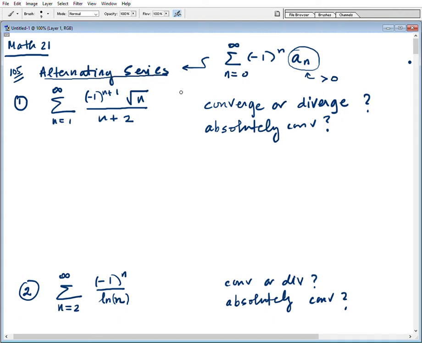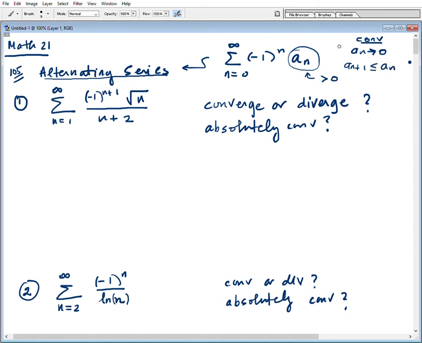So the main one is, if you want to prove that an alternating series like this one converges, you need two things. The first one: to prove convergence, first of all, the limit of the terms a_n is 0. That's the first thing. And the second one is that they decrease: a_(n+1) is less than or equal to a_n.